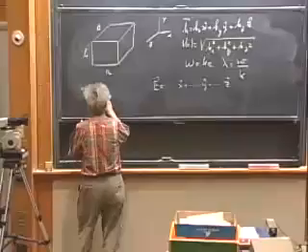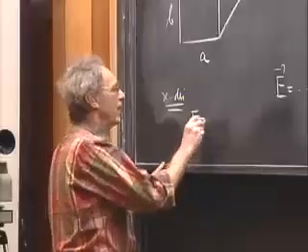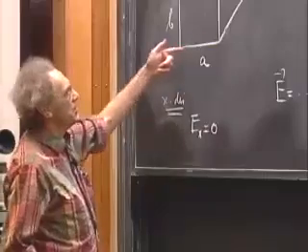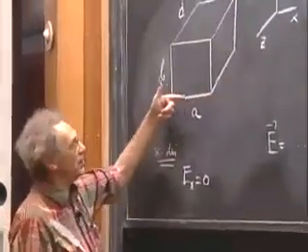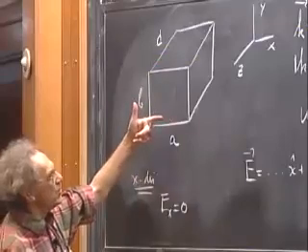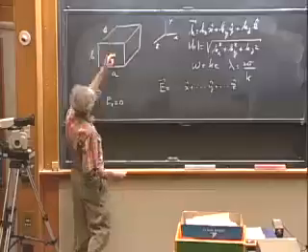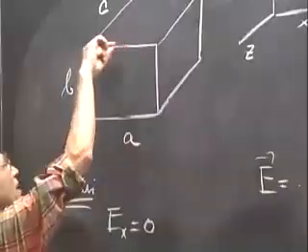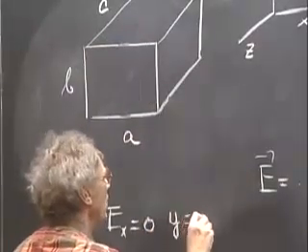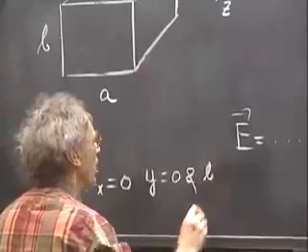E of x, which is the component of the E field in the x direction, must be 0. E of x must be 0 at y equals 0 and at y equals b. If it were not 0, there would be a tangential electric field in that top plate. So it must be 0 when y equals 0 and also when y equals b.